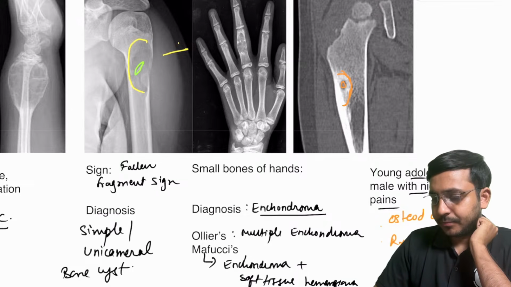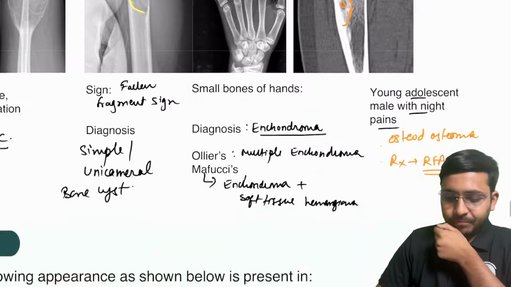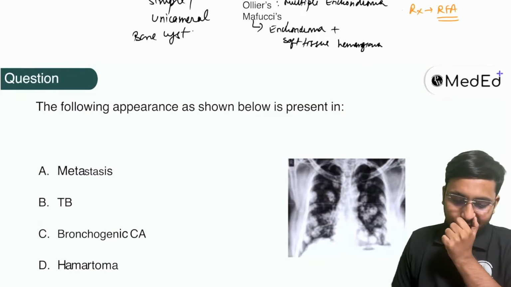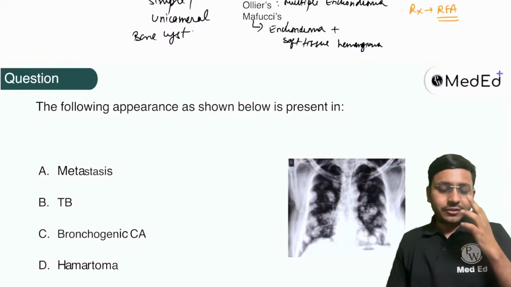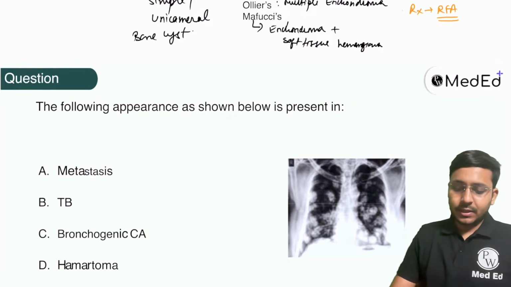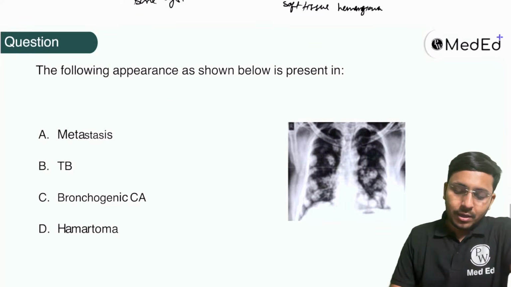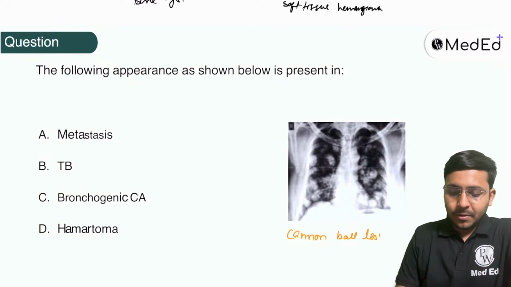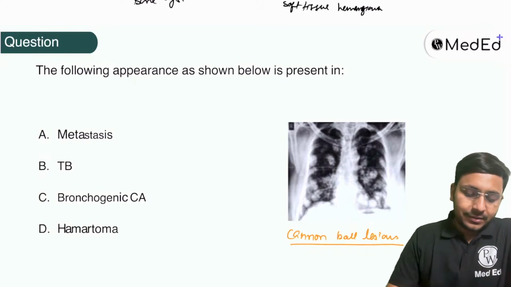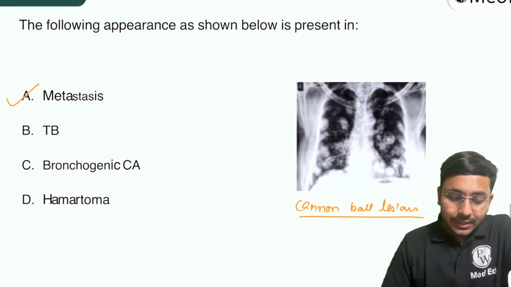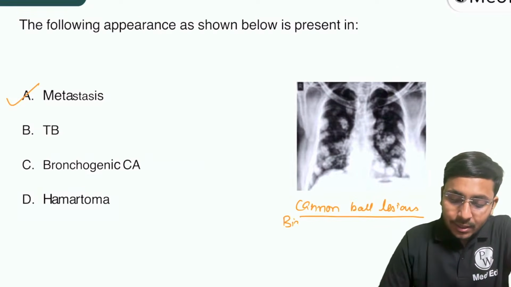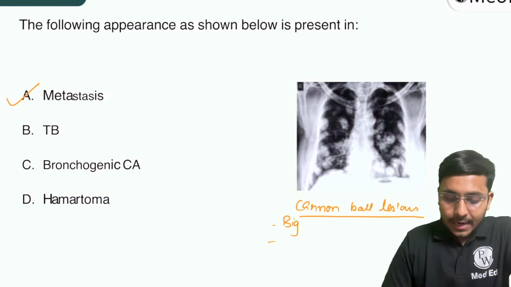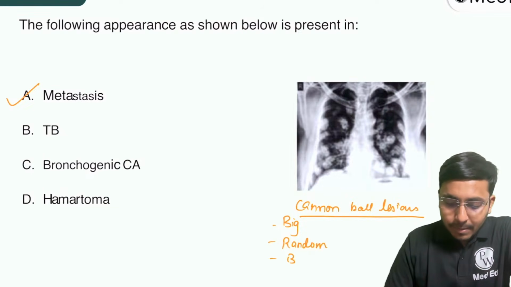Next question. The following appearance is seen in... cannonball lesions are seen in metastasis. Now remember, cannonball lesions are big lesions and they are random and they are bilateral.